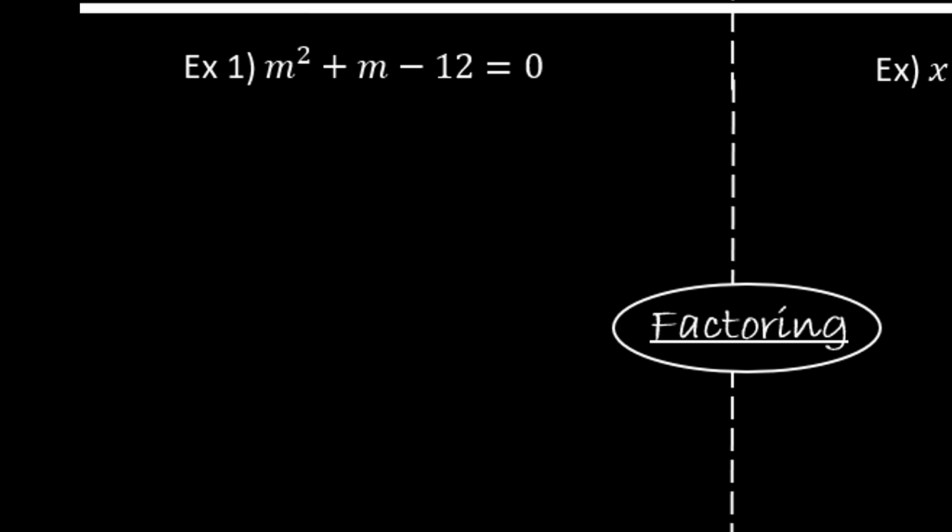Coefficient. I'm talking about the coefficient on m squared, which is what here? 1. And then your b value is what? 1. And your c value is? -12. Good.